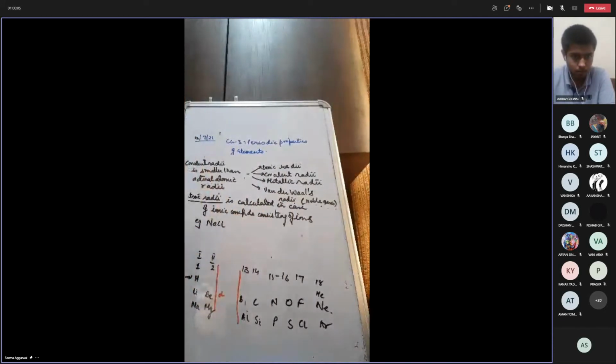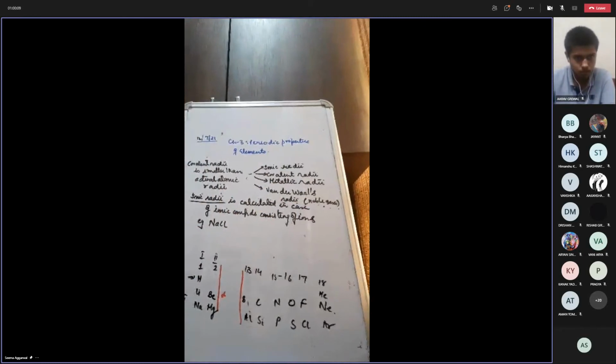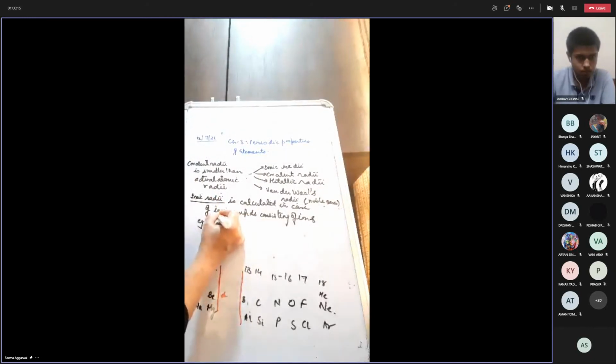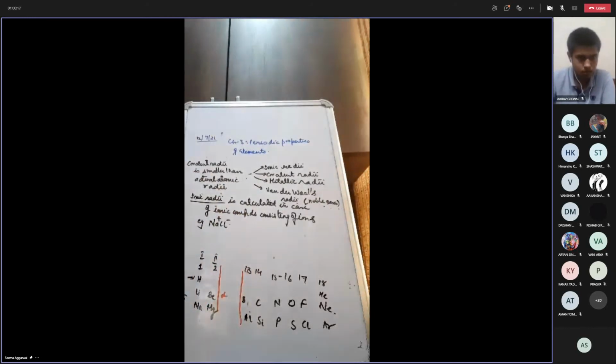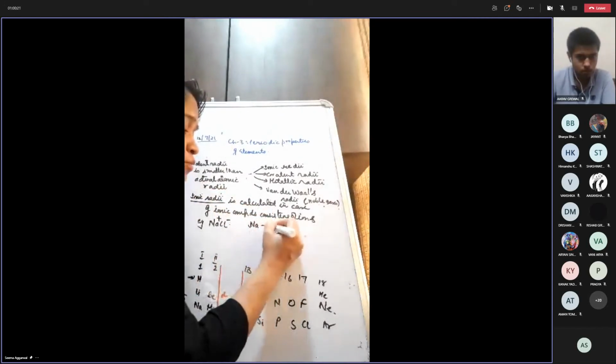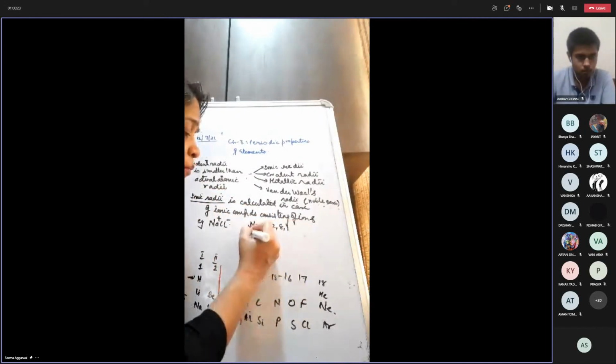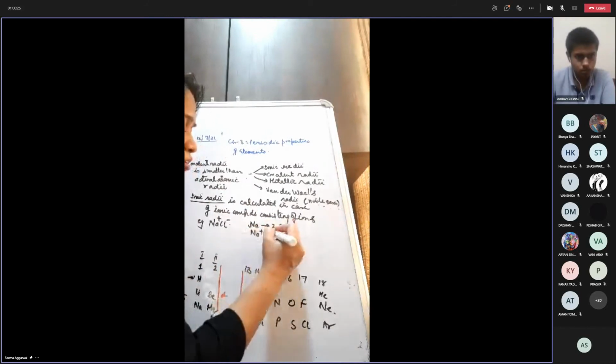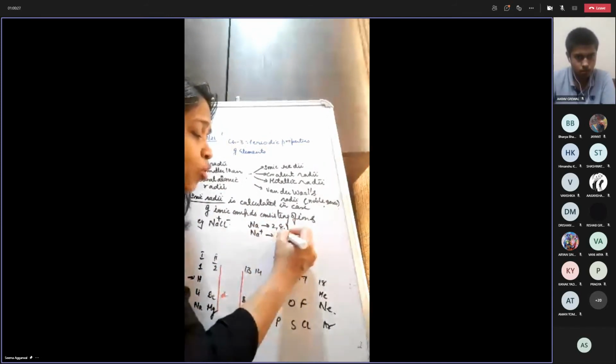We all know ionic bonds are formed between a metal and a non-metal. NaCl. Yes. Okay, how is NaCl formed? NaCl means Na plus and Cl minus. If I am taking sodium, it is 2, 8 and 1. But sodium is losing its electron, and what we get is sodium ions.